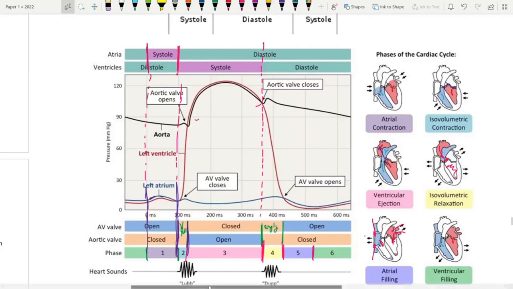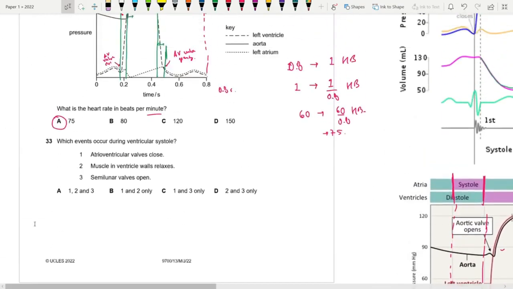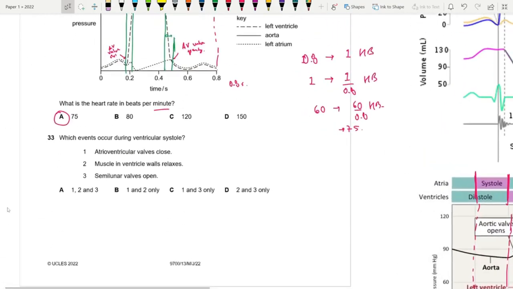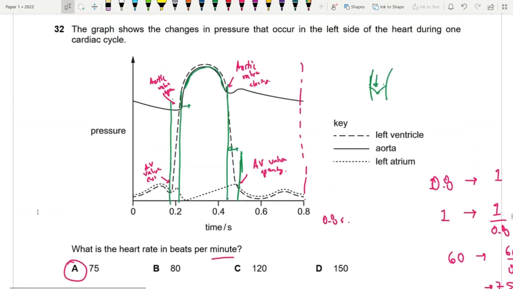Okay, so according to this diagram, we can fill that information up, honestly. Like this is the region of ventricular systole, and this is the region for atrial systole, this small region.